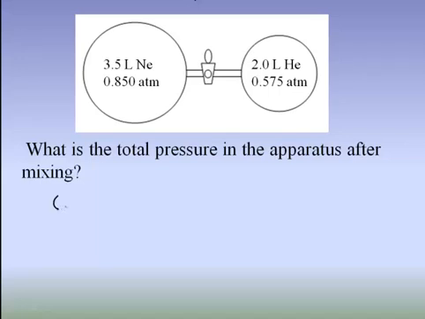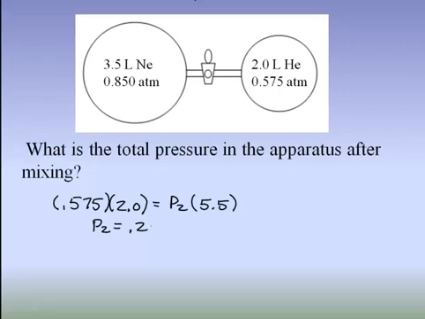So helium initially has a pressure of 0.575 atmospheres and a volume of 2 liters. We're solving for its new pressure when it has the total volume of the apparatus. The partial pressure of helium turns out to be 0.21 atmospheres.